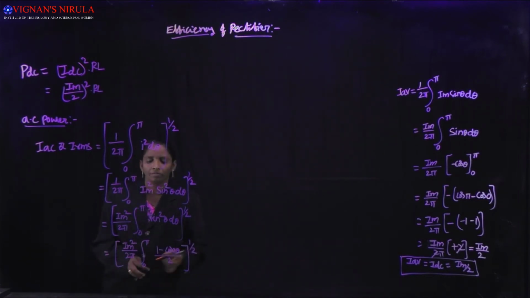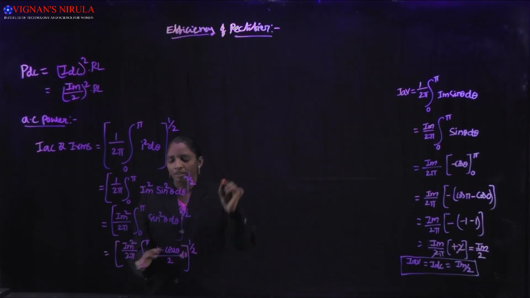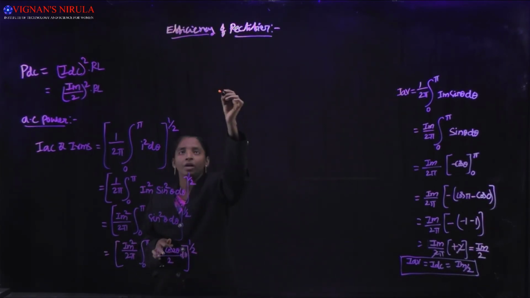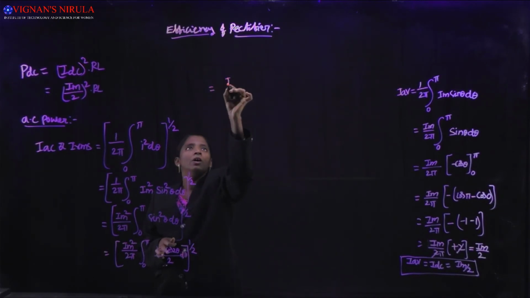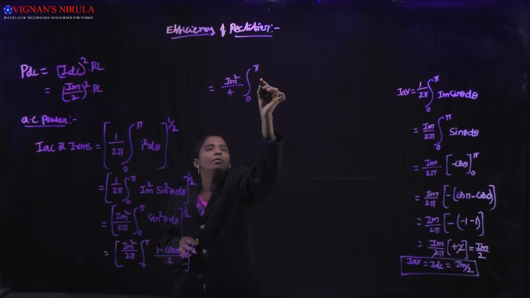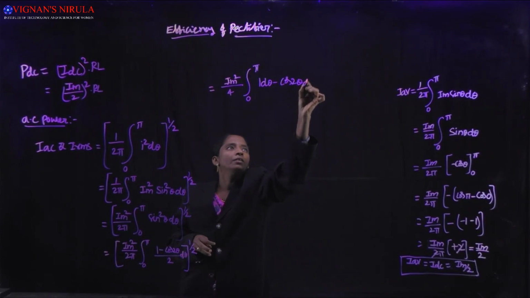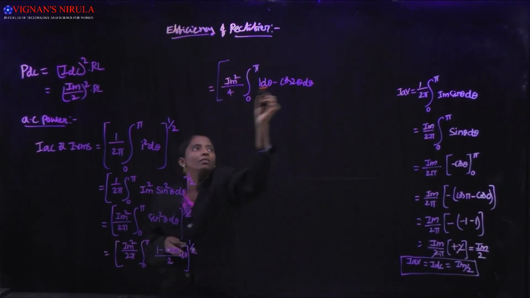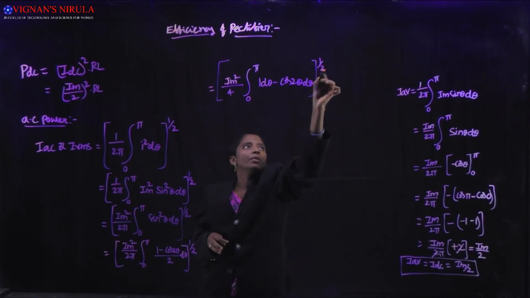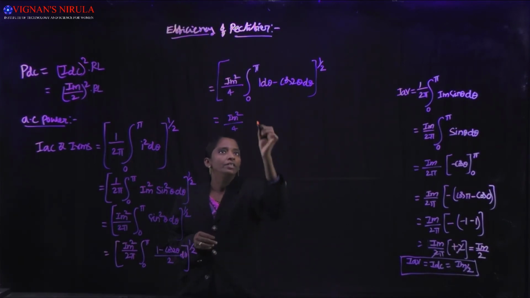Before writing the integration, take the 2 out, that equals Im square by 4 pi integral 0 to pi 1 d theta minus cos 2 theta d theta.